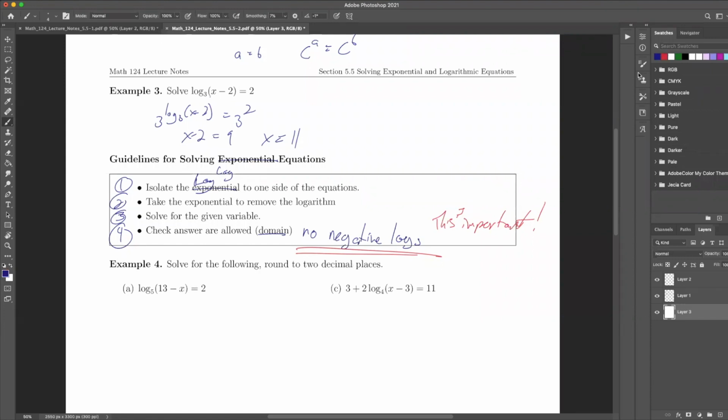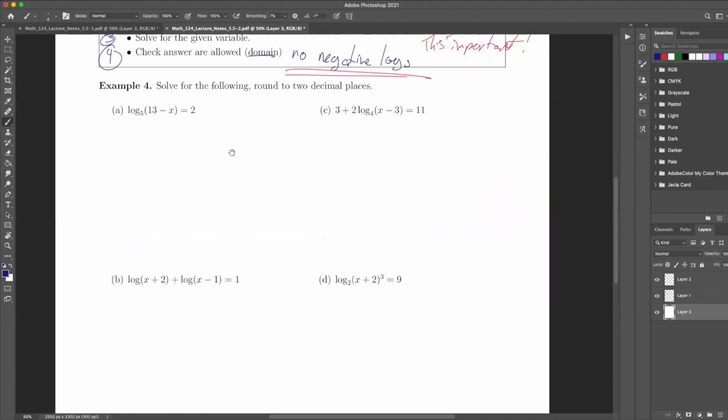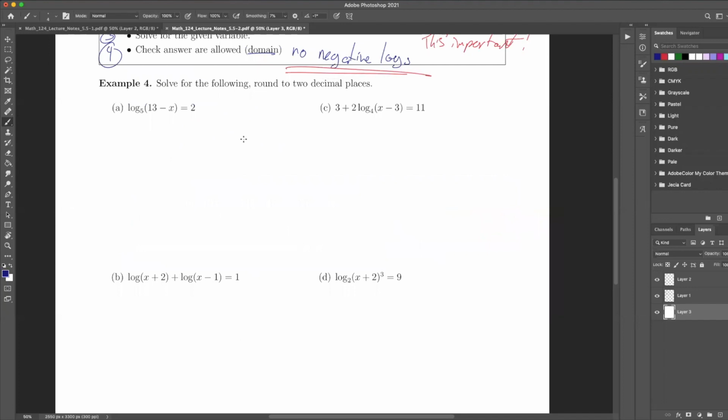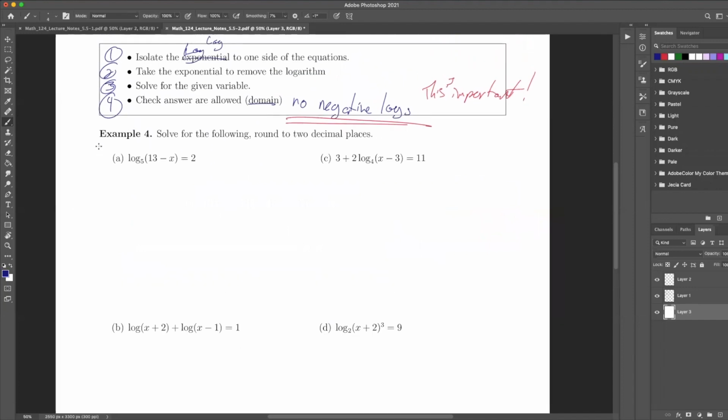I'll go back to blue. All right. So here, we're going to isolate the log to one side. This is already done. The log's on one side. So the first thing I'm going to do is exponentiate both sides to the power of 5. Whatever the log base is, that's what we're going to raise to both sides.